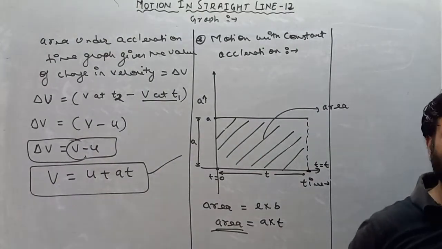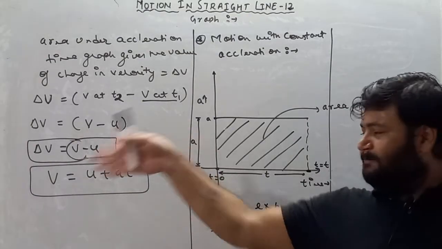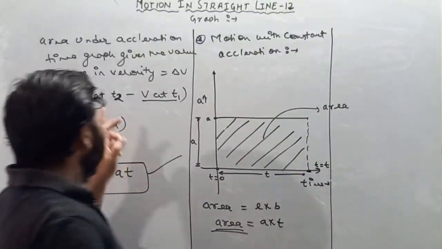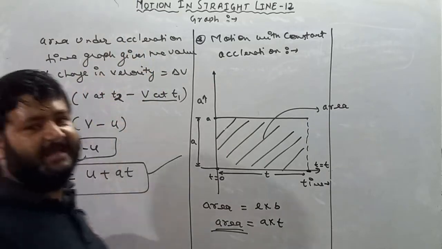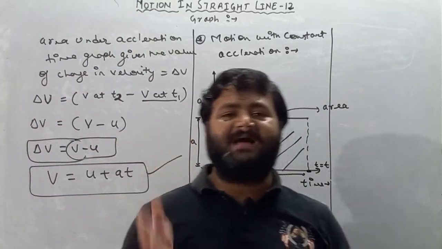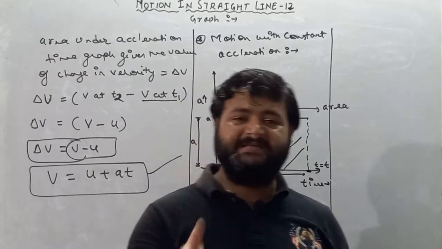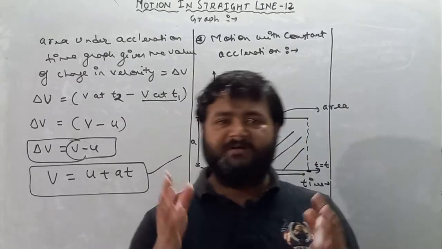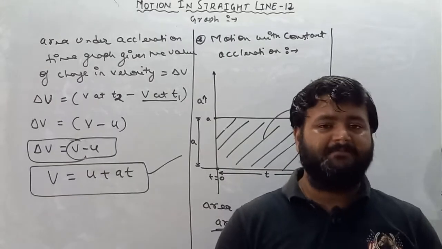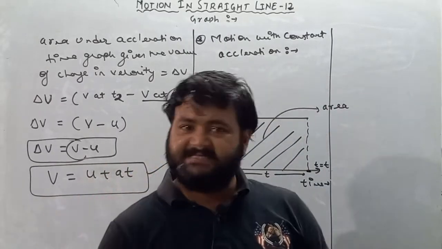See, I am repeating once again, my dear student. In the previous part of this lecture, I told you that the area under the acceleration time graph gives the value of change in velocity. Change in velocity means velocity at t2 time minus velocity at t1 time.